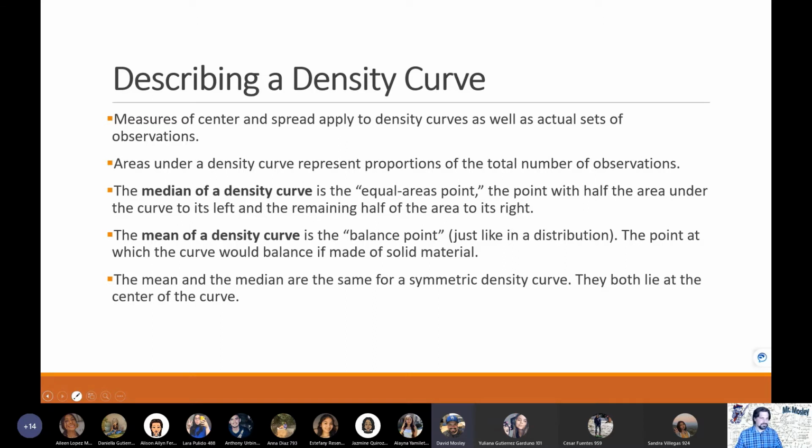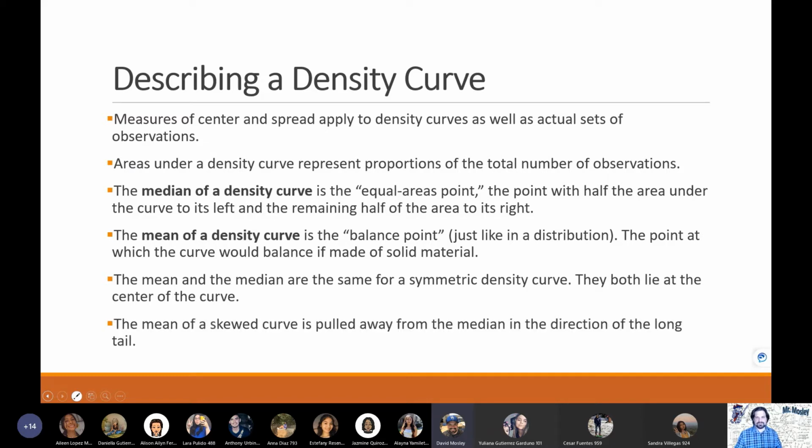If it's skewed, the mean is pulled away from the median in the direction of the tail, which is the next note. The mean of a skewed curve is pulled away from the median in the direction of the long tail. So all these things that applied to describing a distribution apply to describing a density curve. We use all the same basic principles.